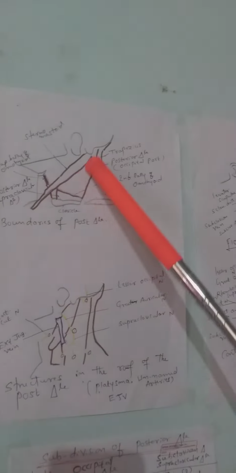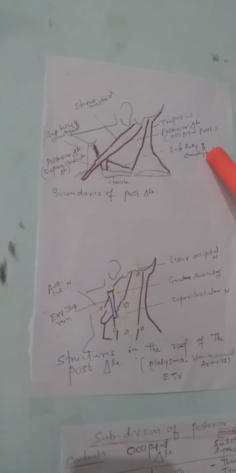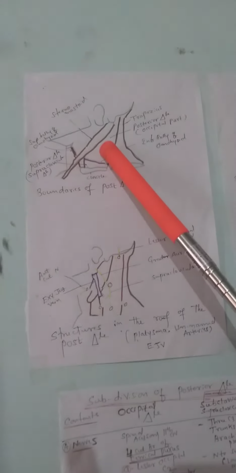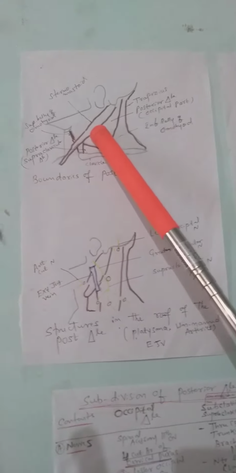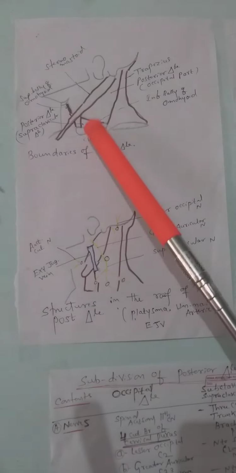This posterior triangle has been divided into two by the inferior belly of the omohyoid. The greater part is the occipital part, which occupies a large space. A small space is occupied by the supraclavicular triangle.